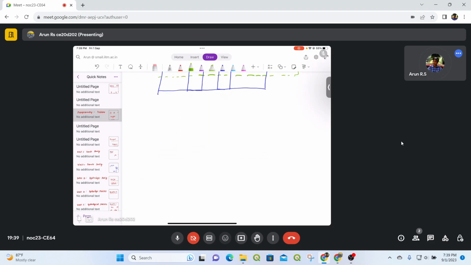Now let us say PL is the longitudinal overlap, that's in fraction. PW is the side overlap.